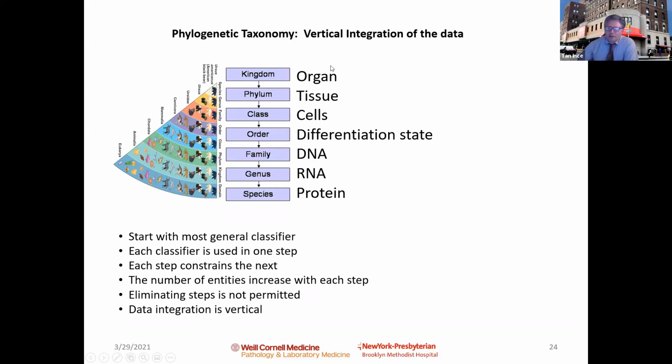So you can develop an analogy from kingdom all the way down to species. Think of them as organ, tissue, cell, DNA, RNA, and protein organization.